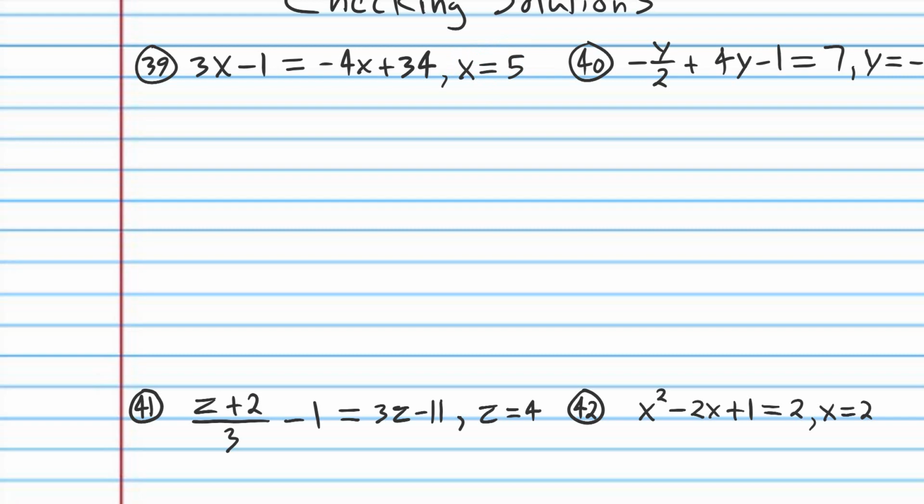It's pretty easy. So we're going to plug in 5 wherever we see an x. So I plugged in 5, and then if we evaluate this and evaluate this, and they both equal each other, then 5 is a solution.